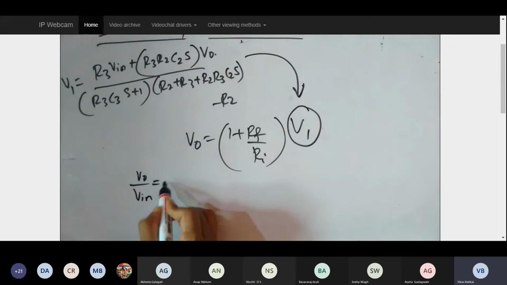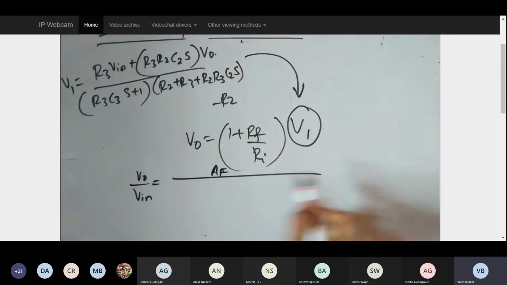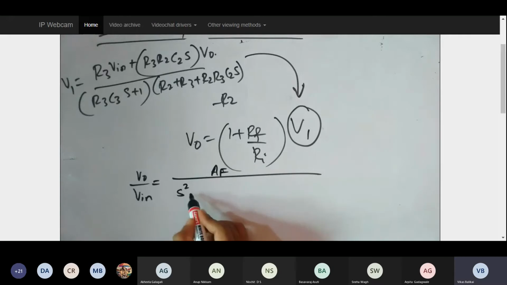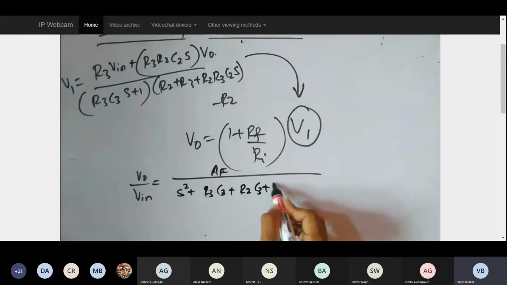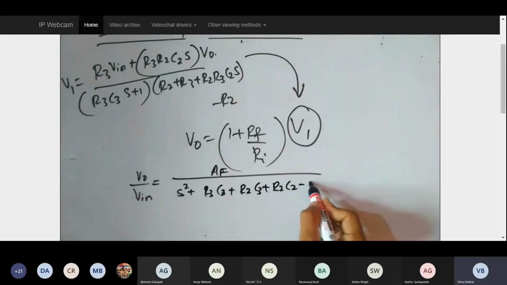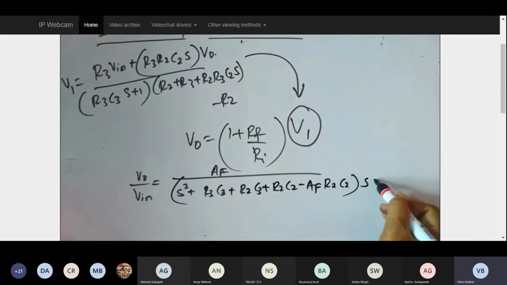Let me just write it over here as this big term AF whole divided by S square plus R3 C3 plus R2 C3 plus R2 C2 minus AF R2 C2 multiplied by S plus 1 by R2 C2 R3 C3.